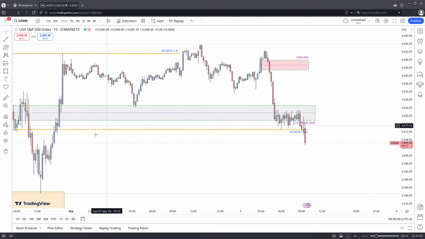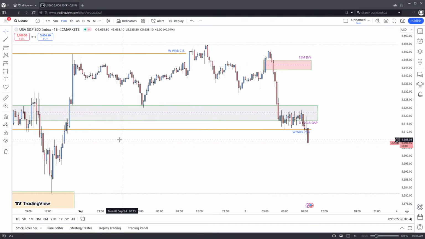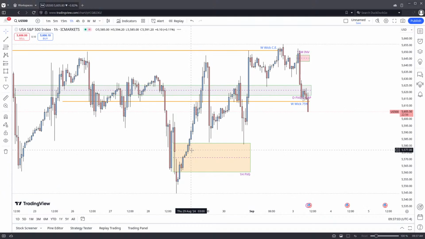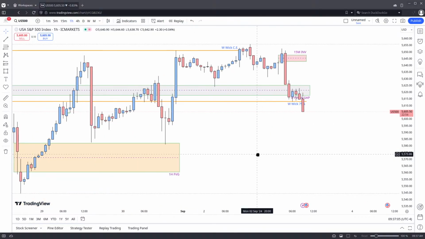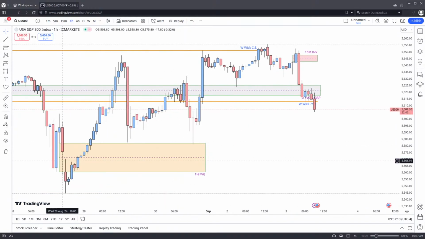Nothing on ES that interests me down here. Nothing on a 15 that really wants to speak to me here. On a 1 hour, we do have these down close candles. We have a slight inefficiency there.